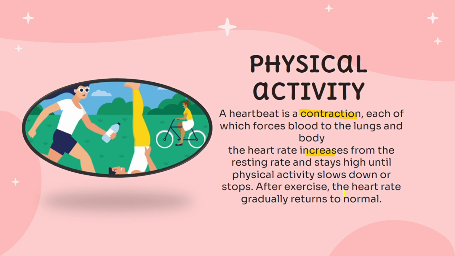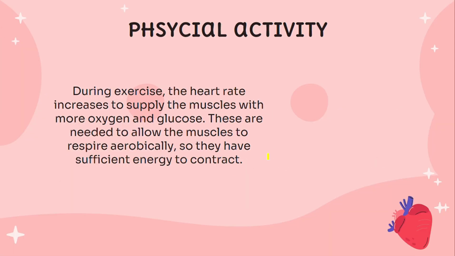After exercise, the heart rate gradually returns to normal. So it won't go immediately to the normal state, it would require time, and I'll be talking about it later on, I guess in chapter 11 or 12. I'm not really sure, but it is most probably chapter 11, which is talking about the gas exchange in the body. So it is more related to the gas exchange.